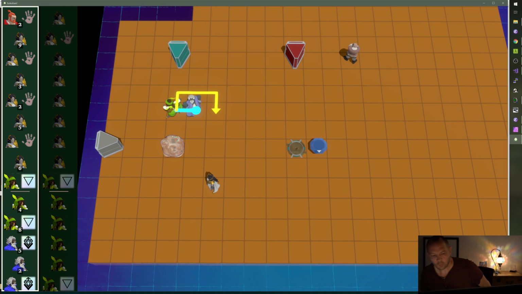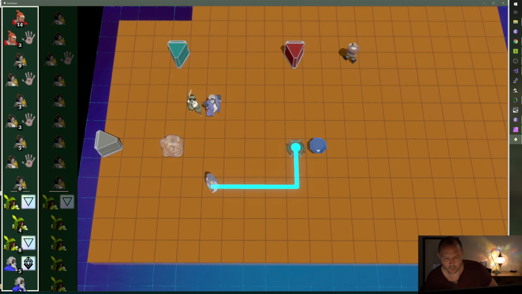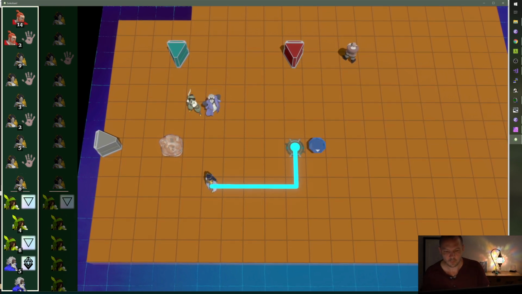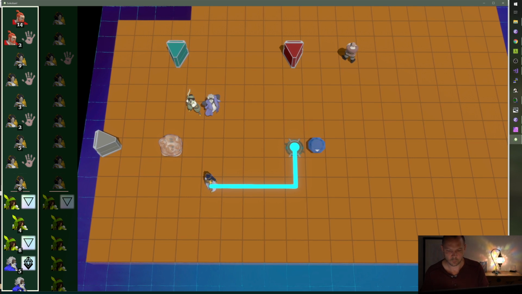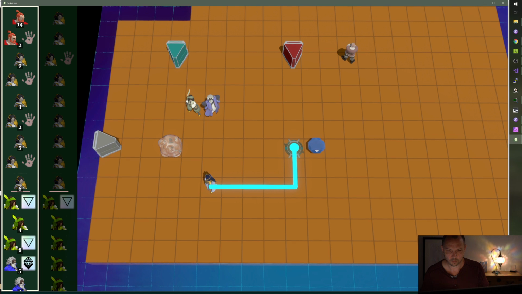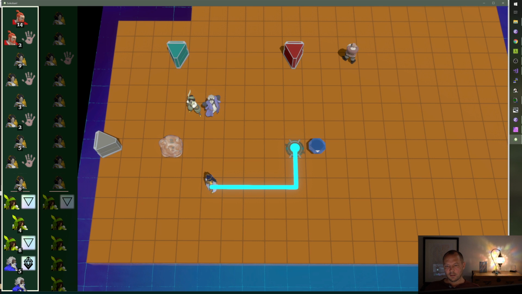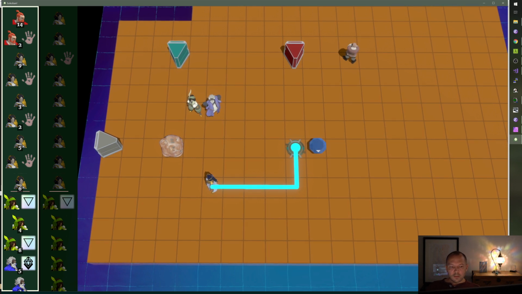Okay. So now we just have to go, when you're between characters, we need to do it with different IDs.